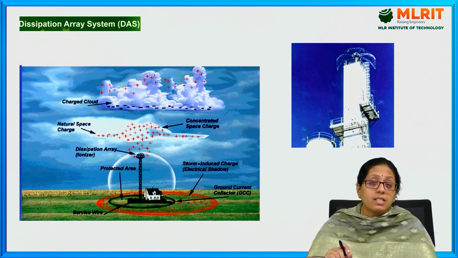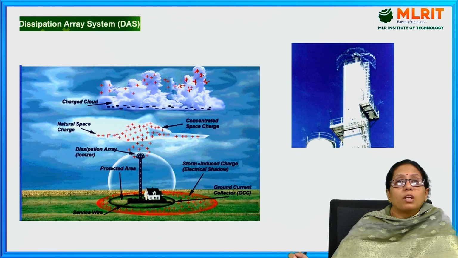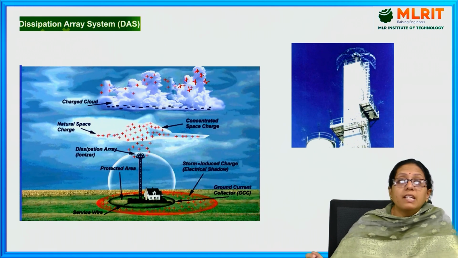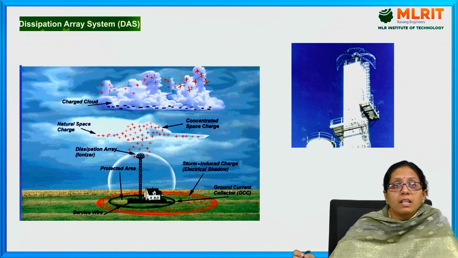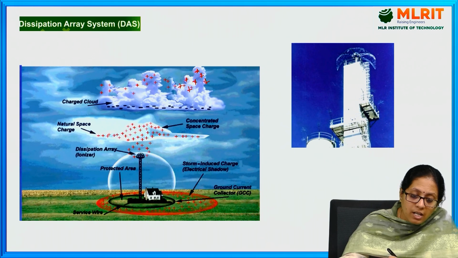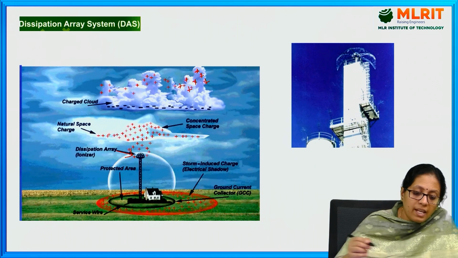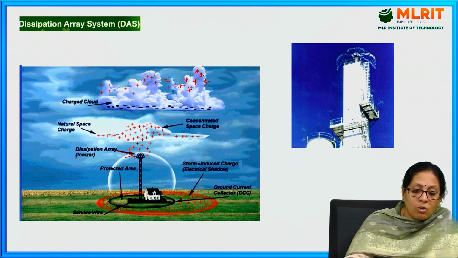Here you can see the cloud where different positive terminals are there, and when the potential difference increases, the lightning may occur. In order to avoid this, a dissipation array is provided, which acts as an ionizer.